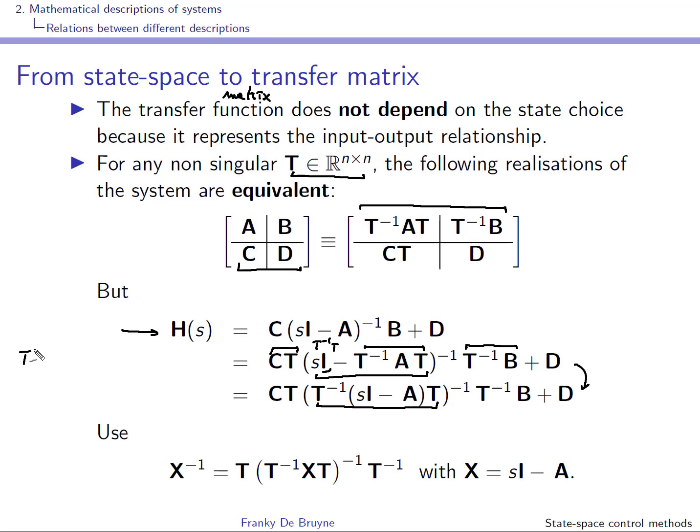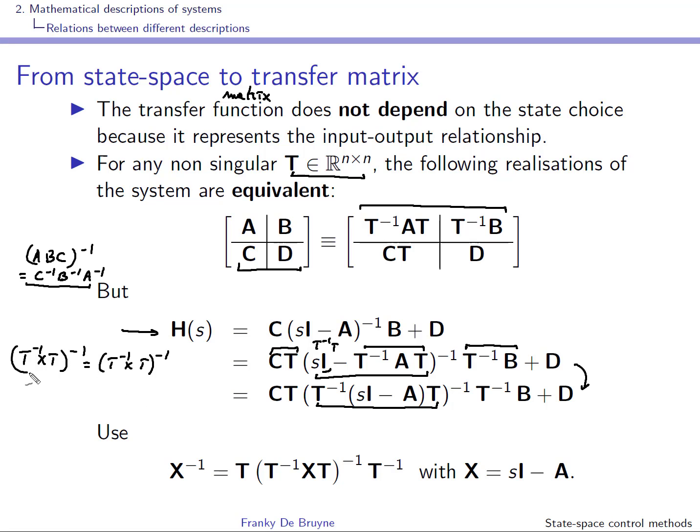So (T^-1 X T) inverse is obviously equal to (T^-1 X T) inverse. Okay, so remember that if you have (ABC) inverse, this is equal to C^-1 B^-1 A^-1, and this comes from the course on linear algebra and applications.